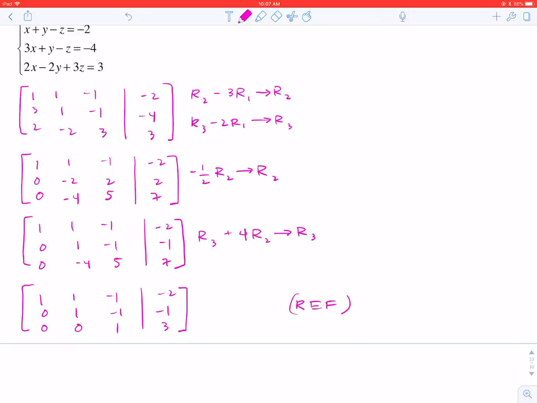So we're going to need to now work our way back up to make those elements into 0. So I'm going to use row 3 to help me make negative 1 in row 2 equal to 0. And I'll do that by doing row 2 plus row 3 to replace row 2.